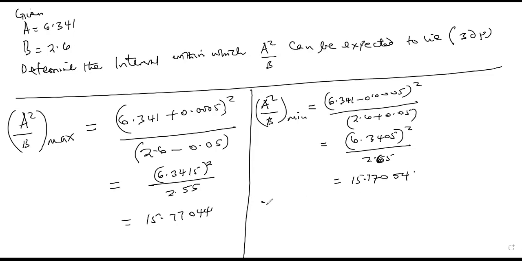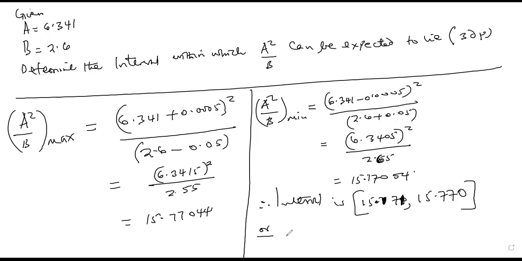Now, the interval, you conclude and say the interval is minimum, comma, maximum. Minimum is 15.171, because they needed 3 decimal places, comma, 15.770.